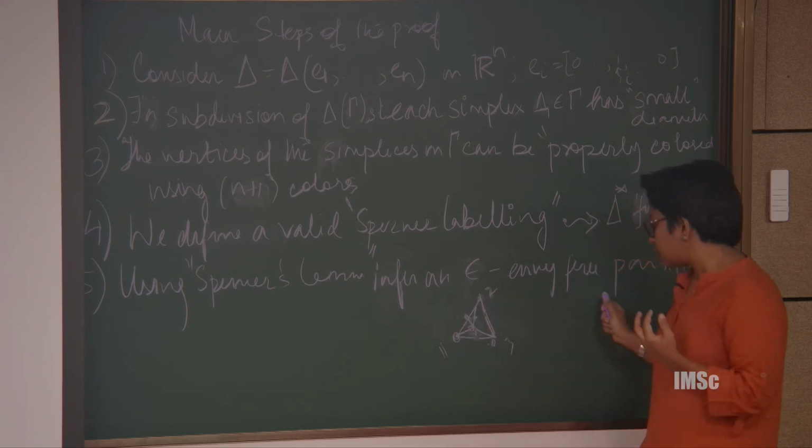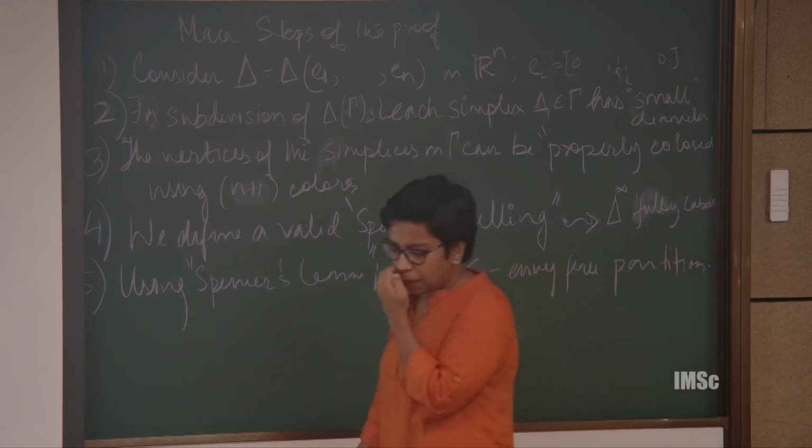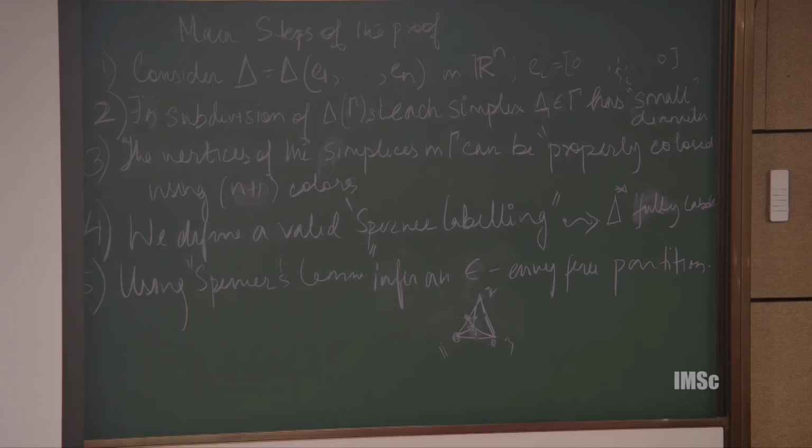We will see the picture of it, but if you remember in the pipette completeness proof, what did we have? We had an outside boundary, we had a rule to color the boundary vertices of that grid. And then we said inside you color howsoever you want, there will always be a trichromatic triangle.